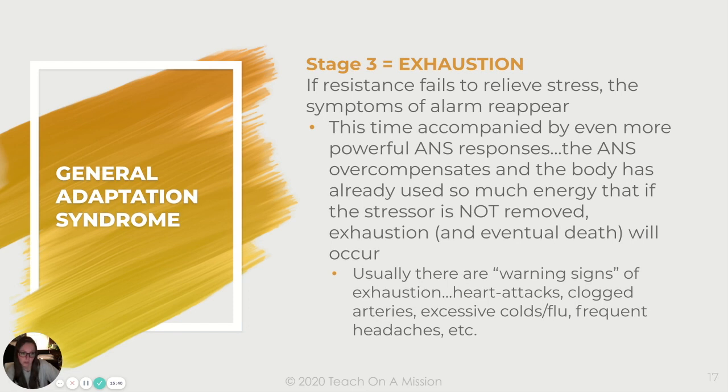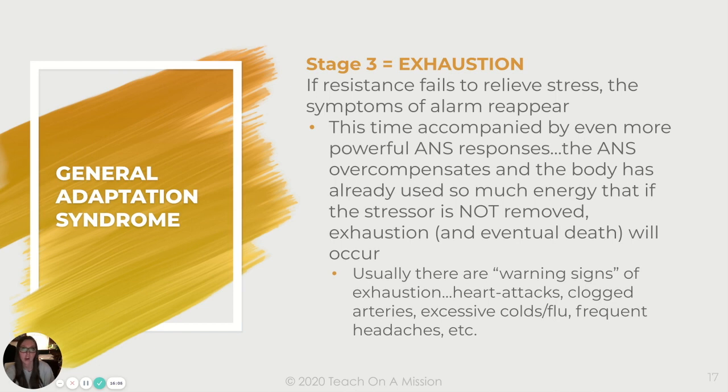Exhaustion will occur, okay? This is when it gets really intense, really not good for your body. This is where we can get heart attacks, clogged arteries, excessive colds and flu, because your immune system is not able to repair itself, frequent headaches, stuff like that. And then obviously that can eventually lead to death.